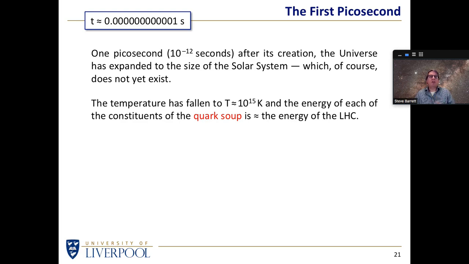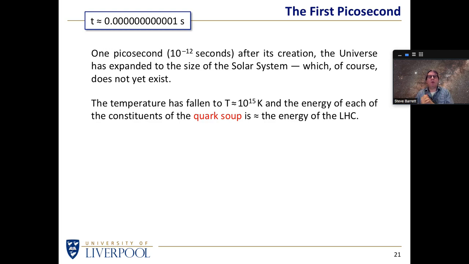And this is a particularly important point because the energy of all of the particles in the universe, which we refer to as a quark soup, it's a soup of fundamental particles. Energy was borrowed from nothing. Energy can be converted into the mass of various particles, and it's going to be a whole load of fundamental particles, quarks and other things, but still people often refer to it as a quark soup.